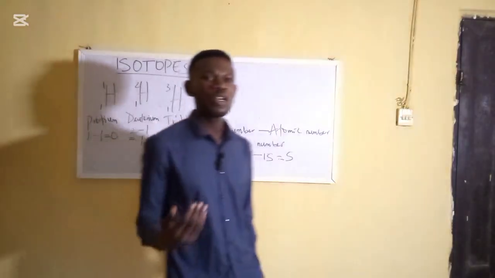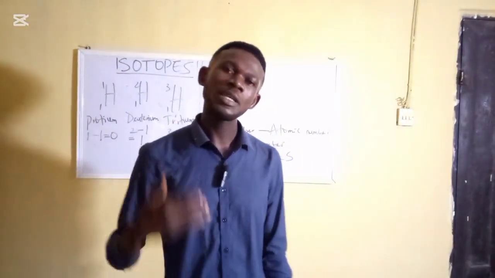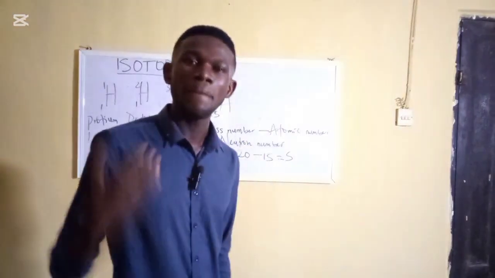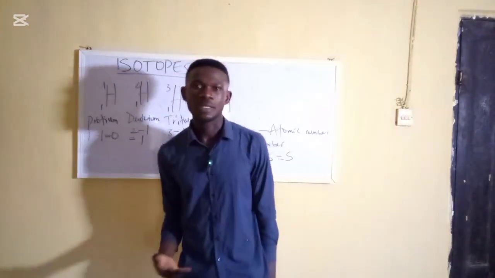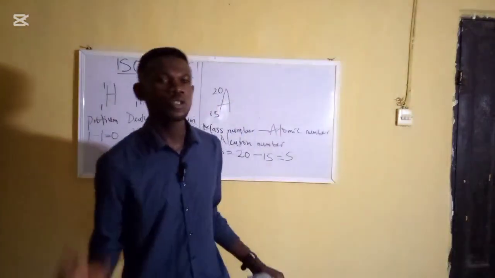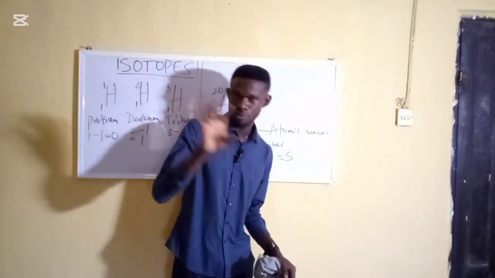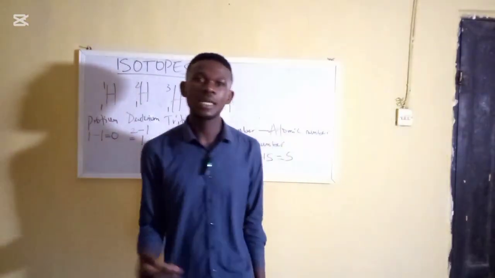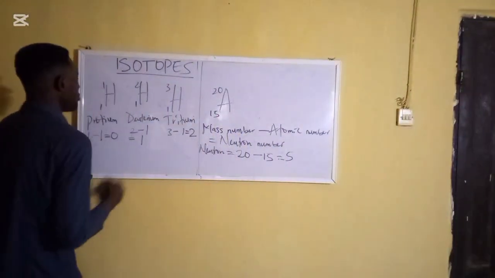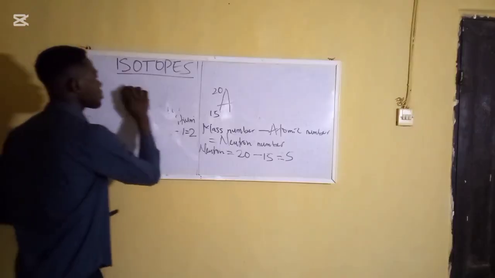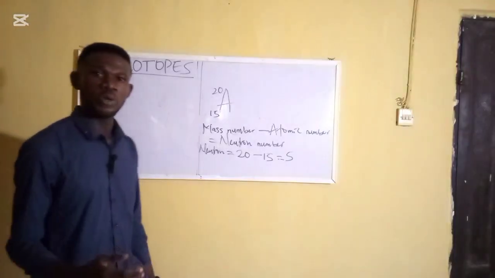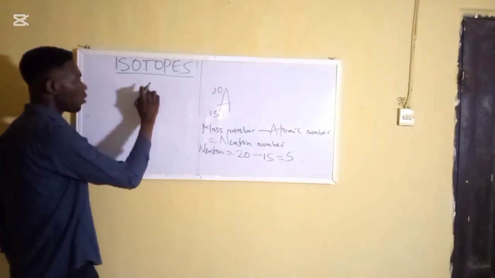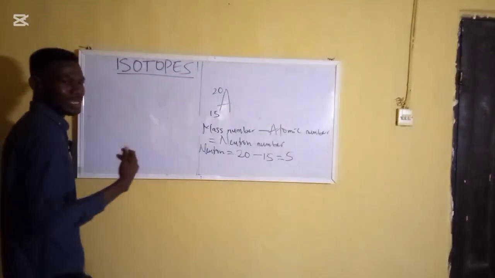Now we can use isotopes to actually carry out calculations on what we call relative atomic mass. If you study your periodic table and look at the different elements of the 118 elements that we have, you would realize that even when elements are represented on the periodic table, there are still some figures you will see by the side or on top that have decimals.